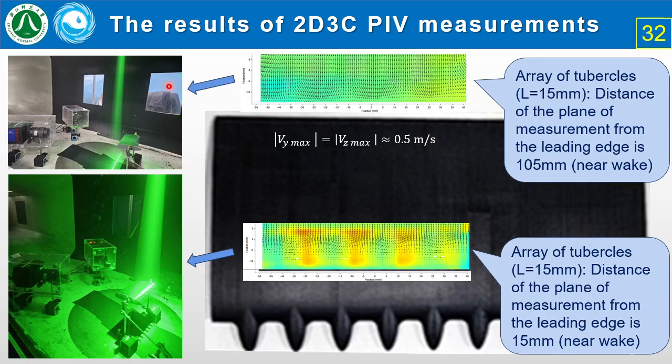But if we make the measurements in the near wake, 5 millimeters from the trailing edge, we are able to get something similar to periodic, but in this case the secondary flow velocity is about just half a meter per second, and this value is compatible with the error of measurements.